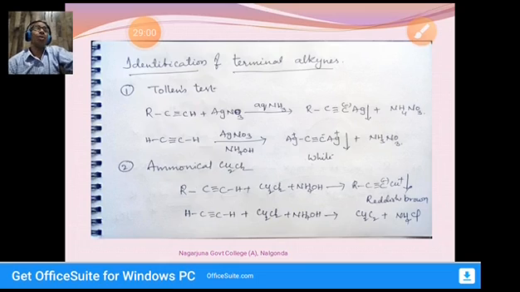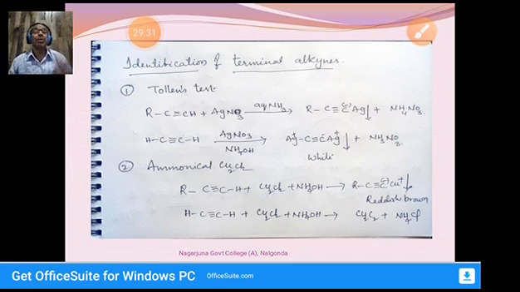How do we identify these terminal alkynes? Terminal alkynes are alkynes in which the triple bonded carbon is at one end. These contain a specific acidic hydrogen, linked to the triple bonded carbon. So how can we identify them in the laboratory?